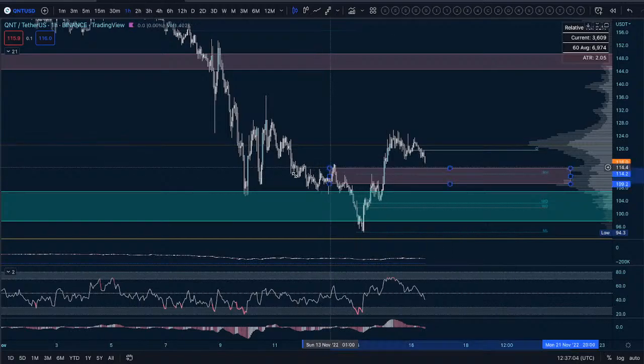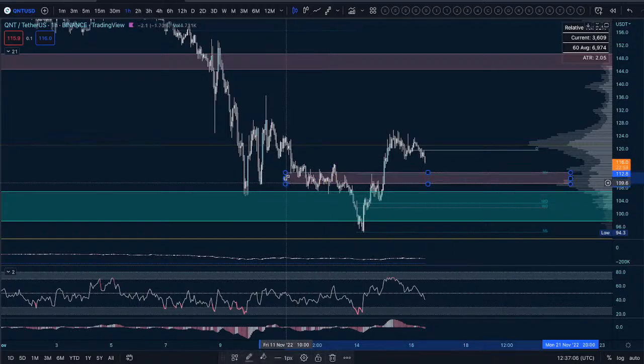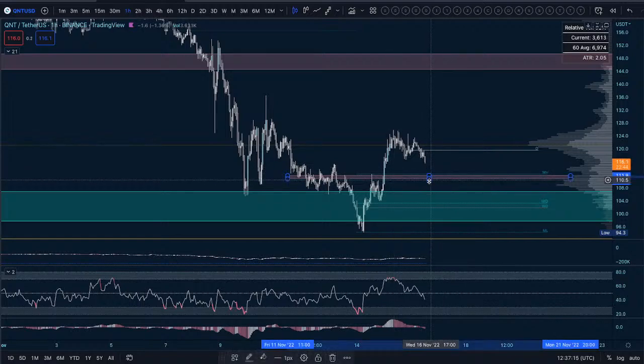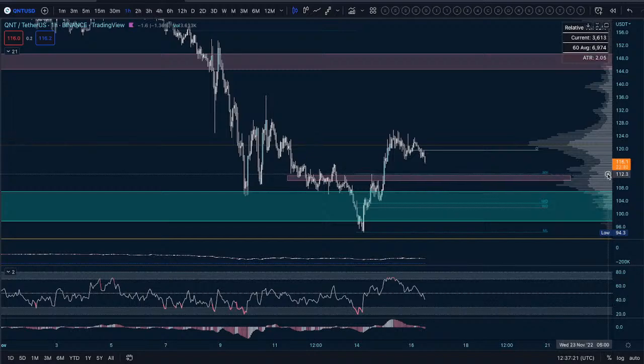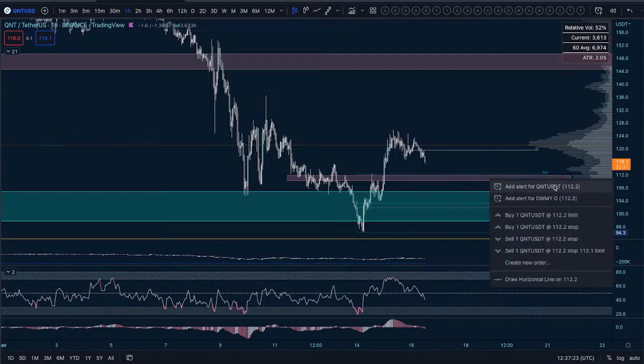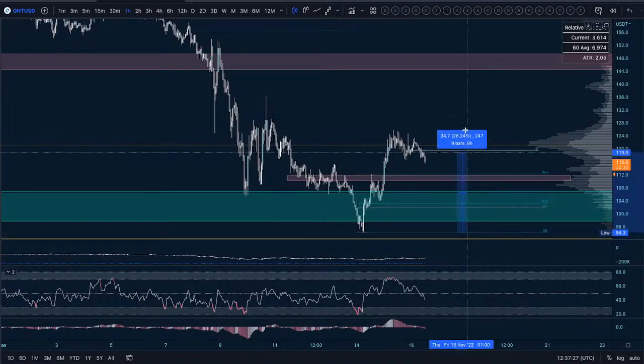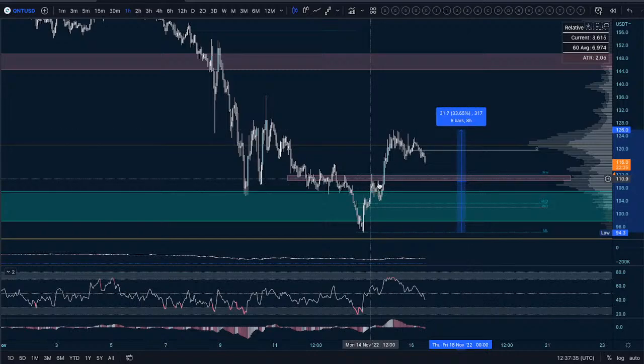Okay, I can localize this a bit. I think this would make more sense. So I'll be watching this also because it had a nice 33% run from the lows, and this is still the region that we should be aware of.